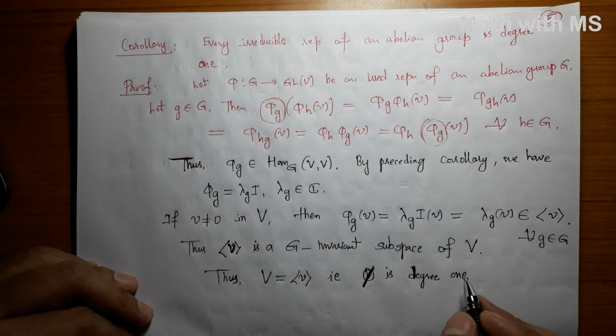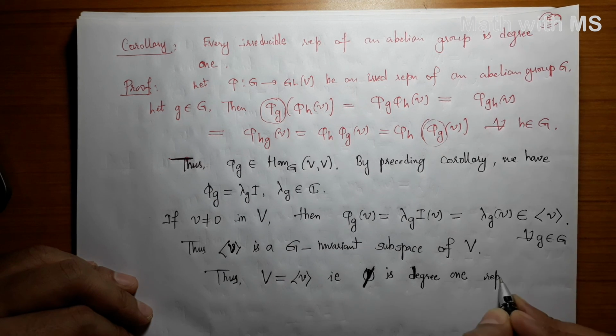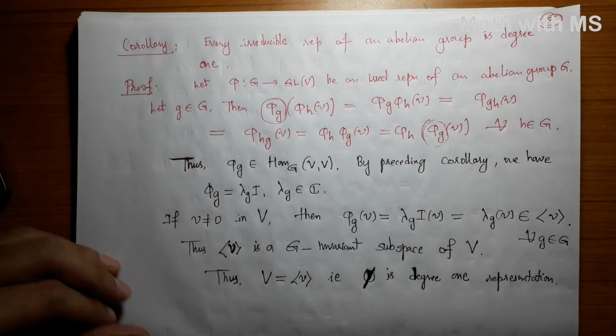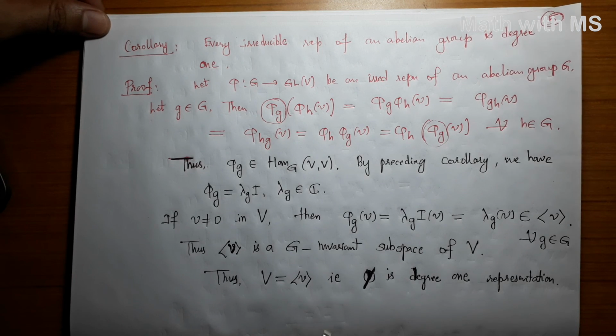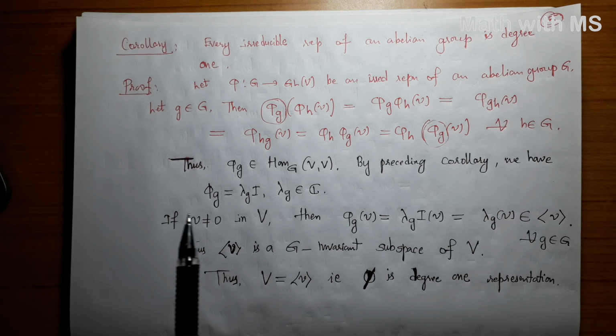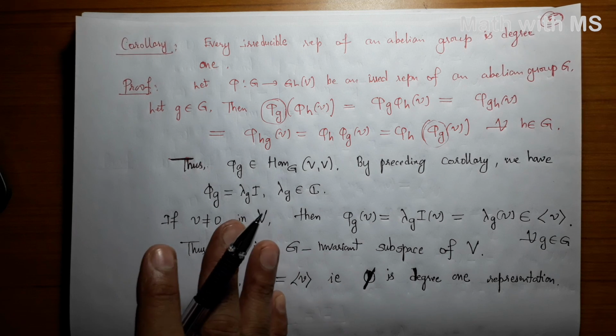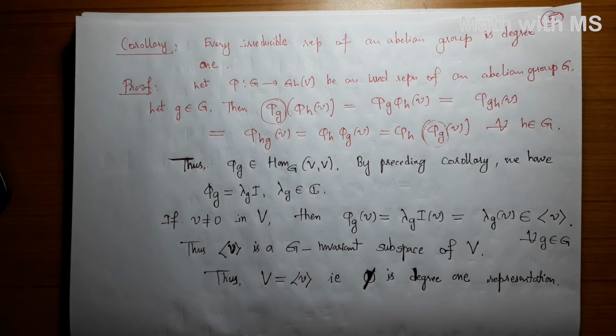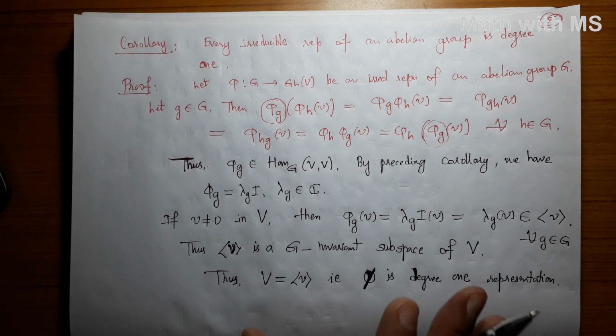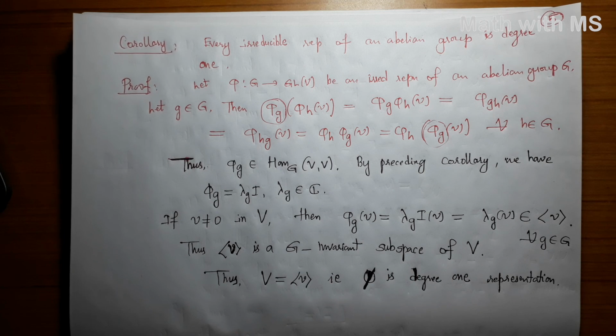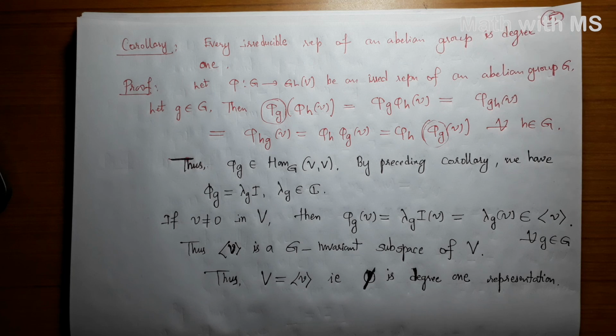That is, phi is a degree 1 representation. Very interesting observation. Every irreducible representation of an abelian group is one dimensional. It is simply a map from the abelian group into C star. And in fact, we will determine all such maps. If you work a little, you can actually find it yourself.